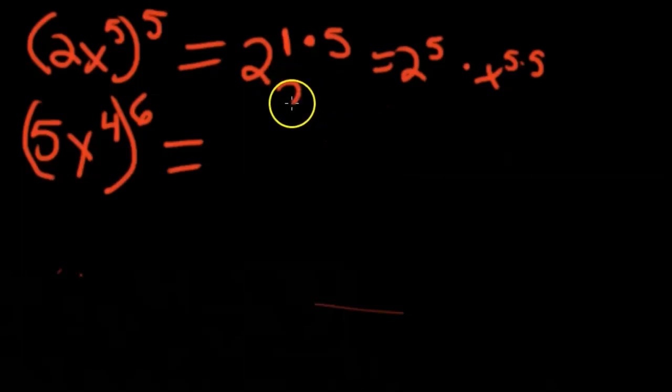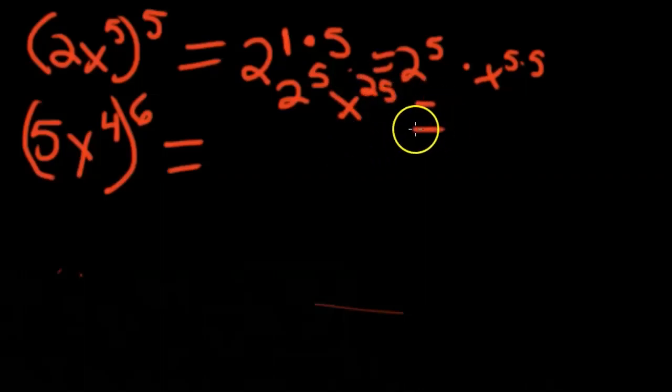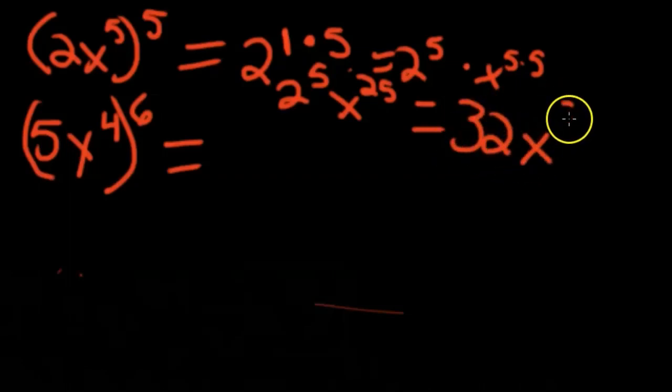So on this one you have 2 to the 5th, x to the 25th, which gives you, so 2 to the 5th equals 32, and then you have x to the 25th power. And this is your answer for this one.